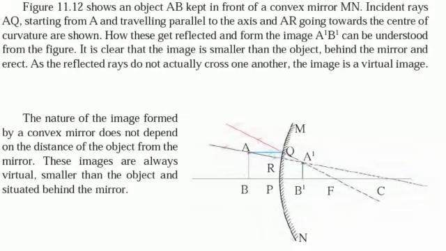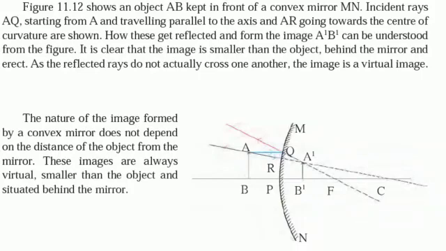The nature of the image formed by a convex mirror does not depend on the distance of the object from the mirror. The images are always virtual, smaller than the object, and situated behind the mirror. So from this diagram, you understood the meaning of virtual image.